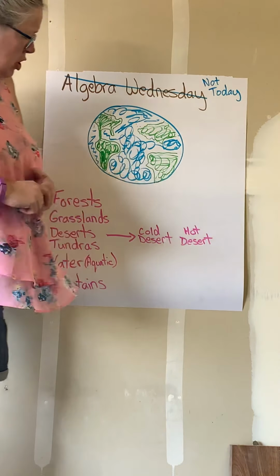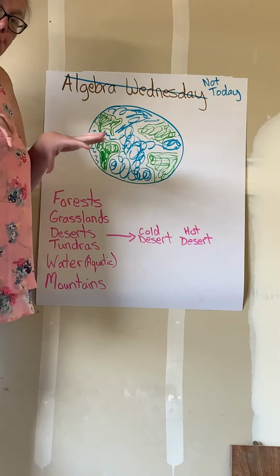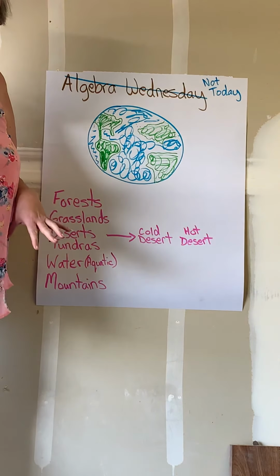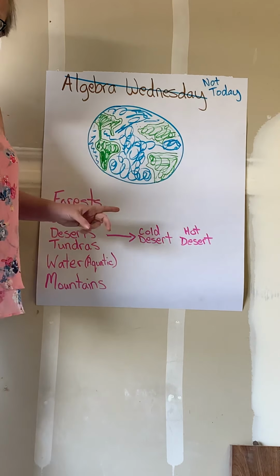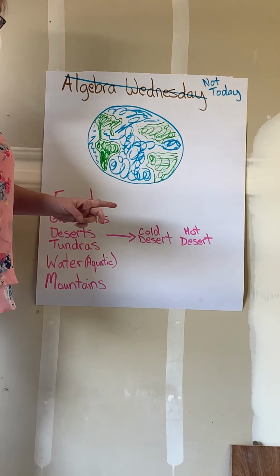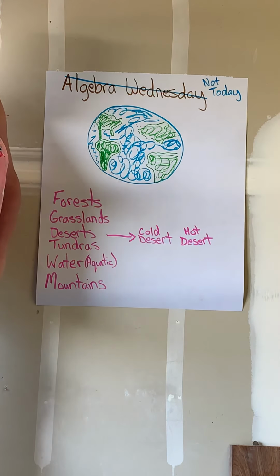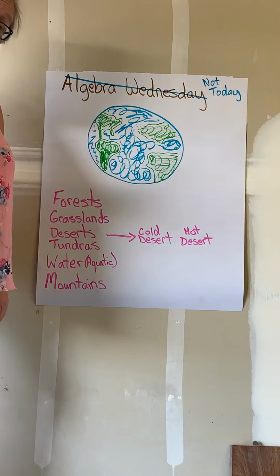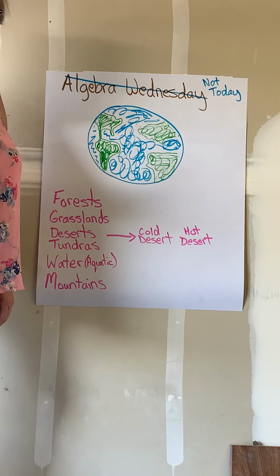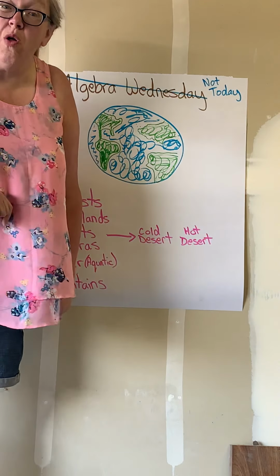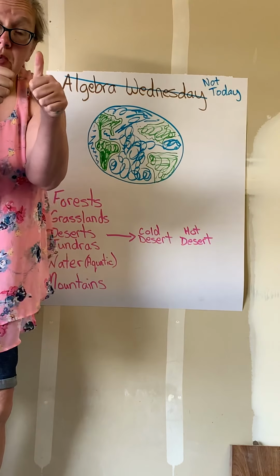What kind of desert do you suppose we here in Fernley live in? A hot desert or a cold desert? I bet a lot of you are saying hot desert, but I'm sure some of you are saying cold. If you said hot, no. But if you say cold, good job.